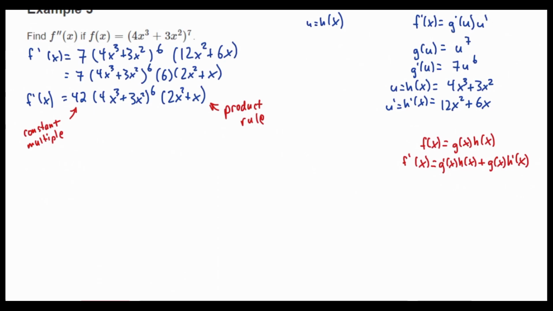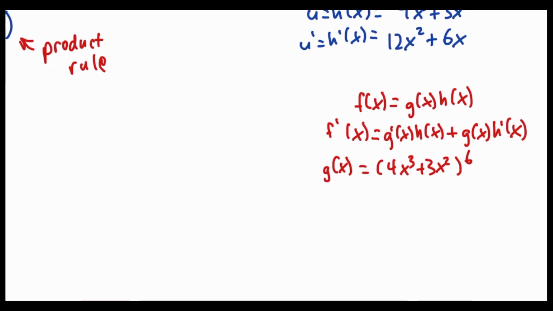All right, with that in mind, let's go ahead and attempt to find our first derivative here. And I'm going to label each of my pieces here just to make my life a little easier. So my g of x is going to be the first term, so it's going to be (4x cubed plus 3x squared) to the power of 6. And for its derivative, I'm going to need to use a chain rule here because it's a function inside another function. So g prime x is going to be equal to 6 times (4x cubed plus 3x squared) to the power of 5 times the derivative of the inner function, so times (12x squared plus 6x).